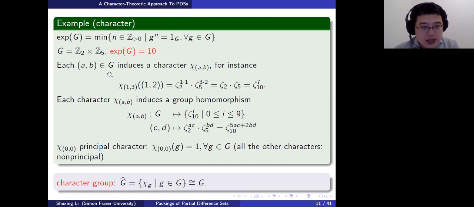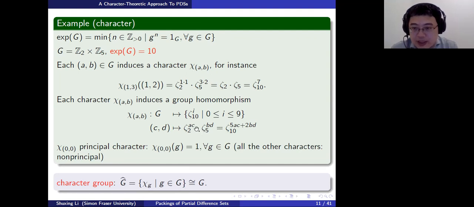Now we take an element in the group G. Each element would induce a character chi sub (a,b). And a character simply maps a group element to a 10th root of unity. We're using the 10th root of unity right here because the exponent of the group is equal to 10. In fact, every character induces a group homomorphism from the group G to the multiplicative group consisting of complex roots of unity.